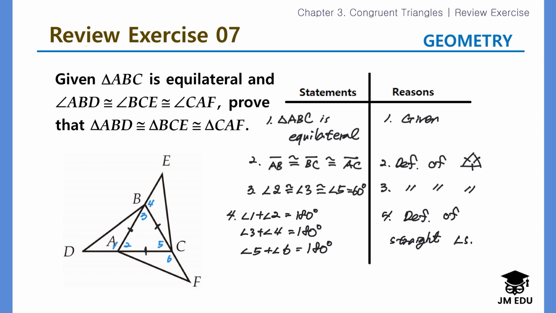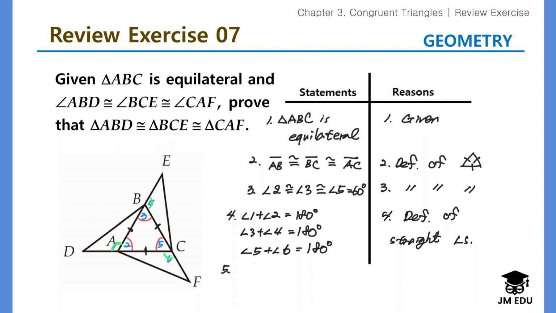Okay, so we just know that this angle is 60, this angle is 60, this angle is 60. Then this angle right here, number 1 angle, that's 120, right? That's 120. This is 120. This is 120, right? So we can write number 5.